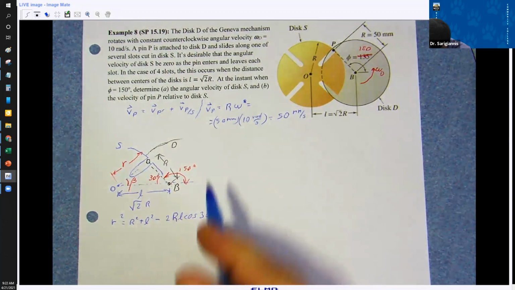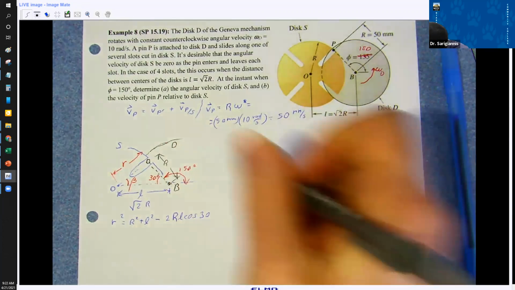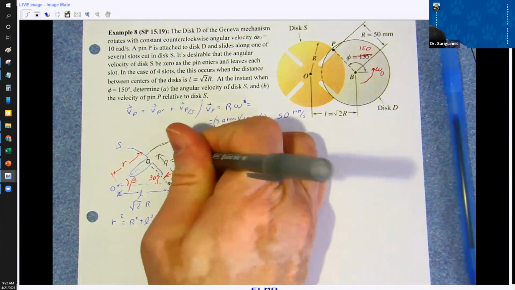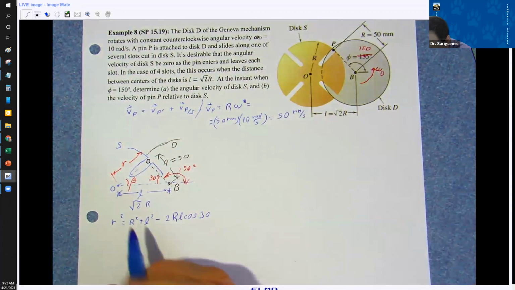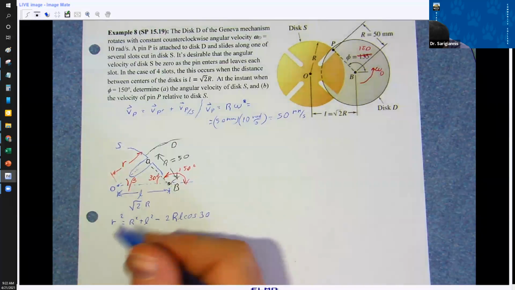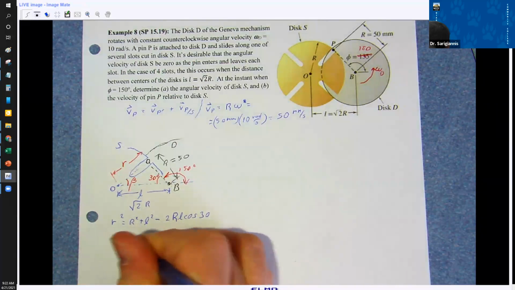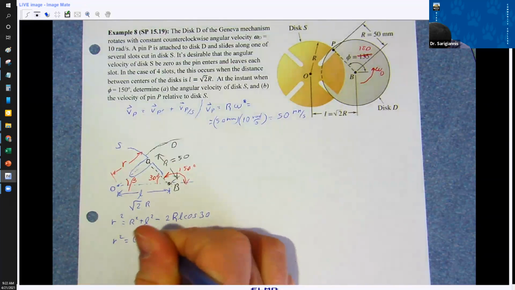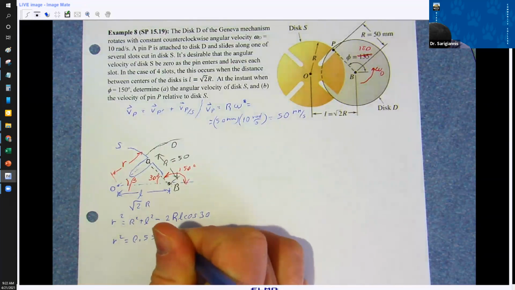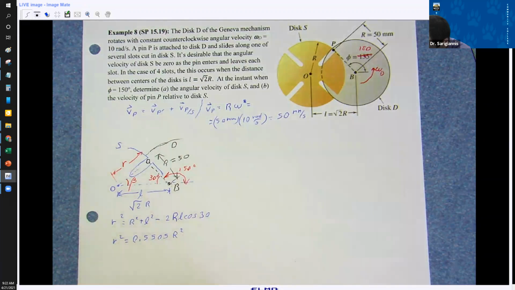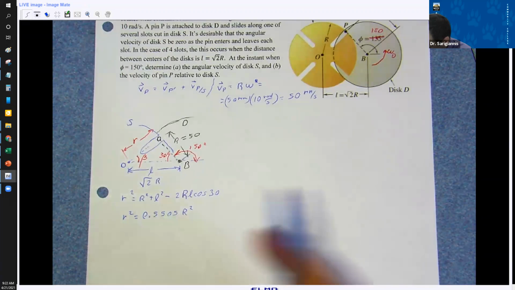So if you plug in the numbers for R and L, you wind up with r squared equals 0.5505 of R squared, because L is also a function of R, so you wind up with an R squared here and R squared here. These can all be substituted in.